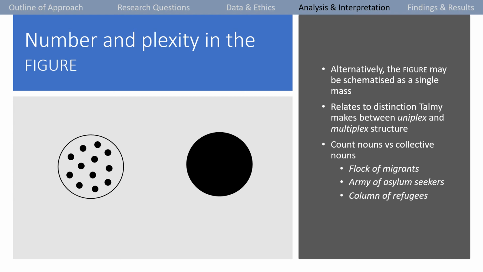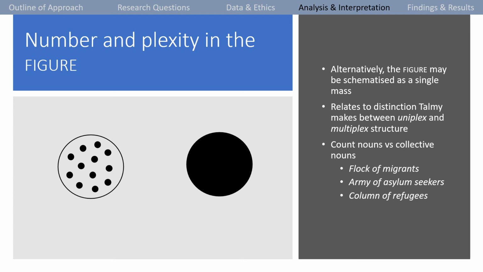By contrast, collective nouns encode uniplex structures, construing a group of individuals as though it were a single object or homogeneous substance. In immigration discourse, a uniplex figure is often evoked by collective nouns that are applied metaphorically, as in flock of migrants, army of asylum seekers, or column of refugees.